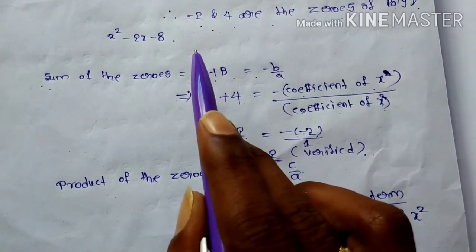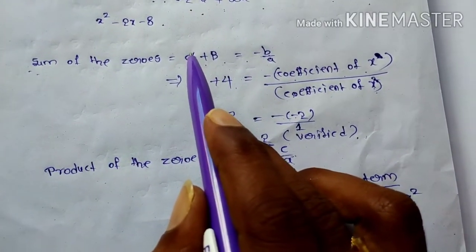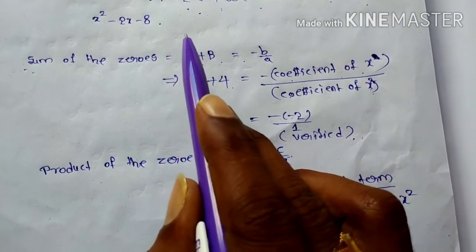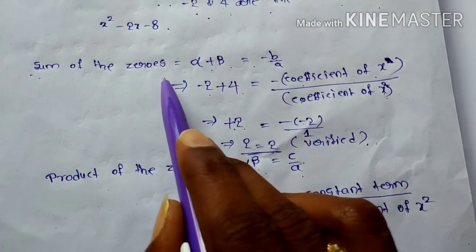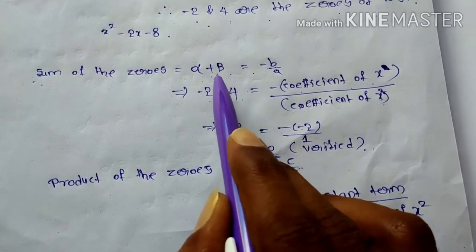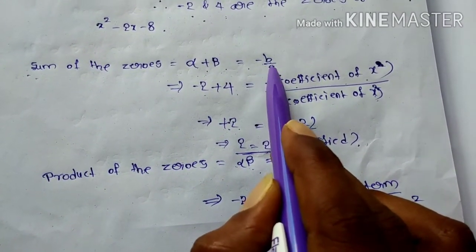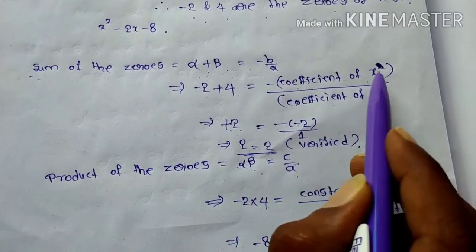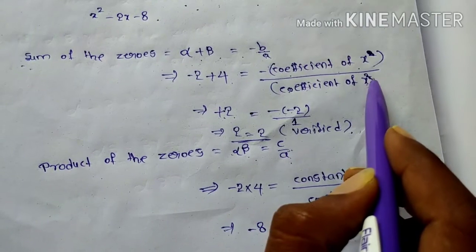But in the question they are asking to find the zeros and verify the relationship between zeros and the coefficients. So I am writing here, sum of the zeros is alpha plus beta. Alpha plus beta is equal to minus b by a. You know that. Yes or no? b means the coefficient of x. a means the coefficient of x square.